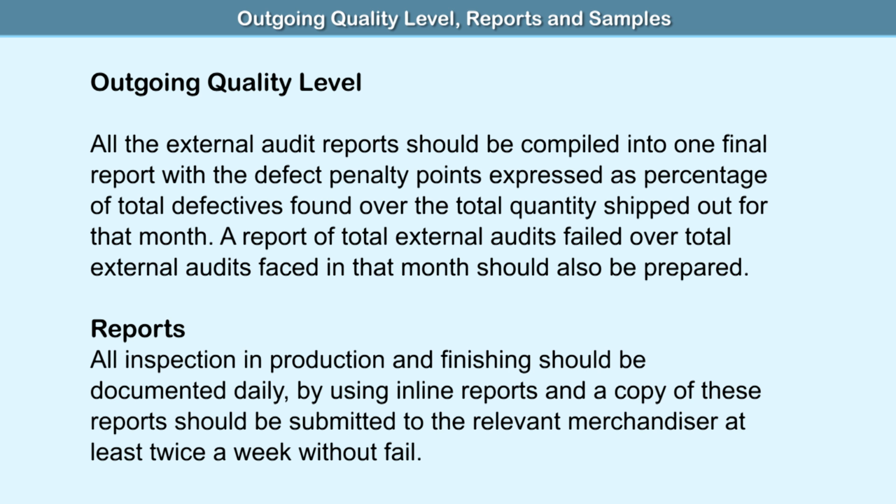Outgoing quality level. All the external audit reports should be compiled into one final report with the defect penalty points expressed as a percentage of total defectives found over the total quantity shipped out for that month.